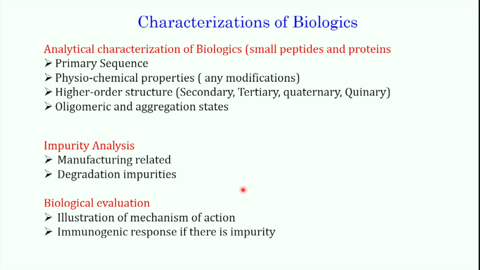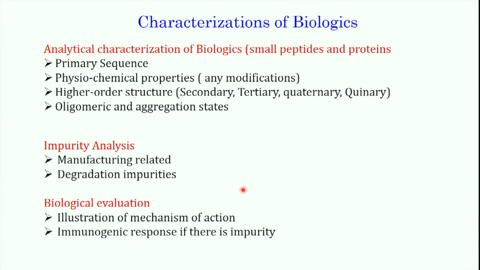This must be characterized very well. Efficacy depends upon how correctly folded these peptide or protein drugs are. So it should be ensured that there is no meaningful difference between the innovator drug and your biosimilar, or if you are working with an innovator molecule, that they are correctly folded and thus induce effective binding with the receptor.